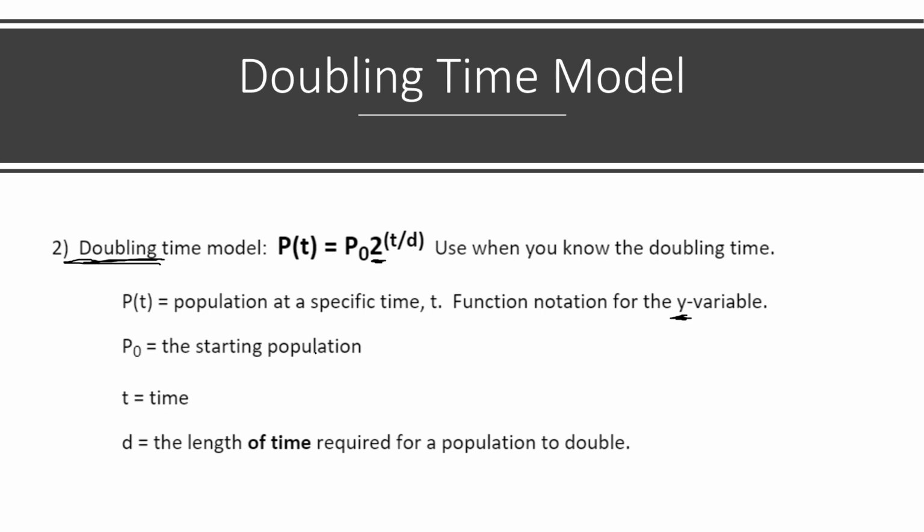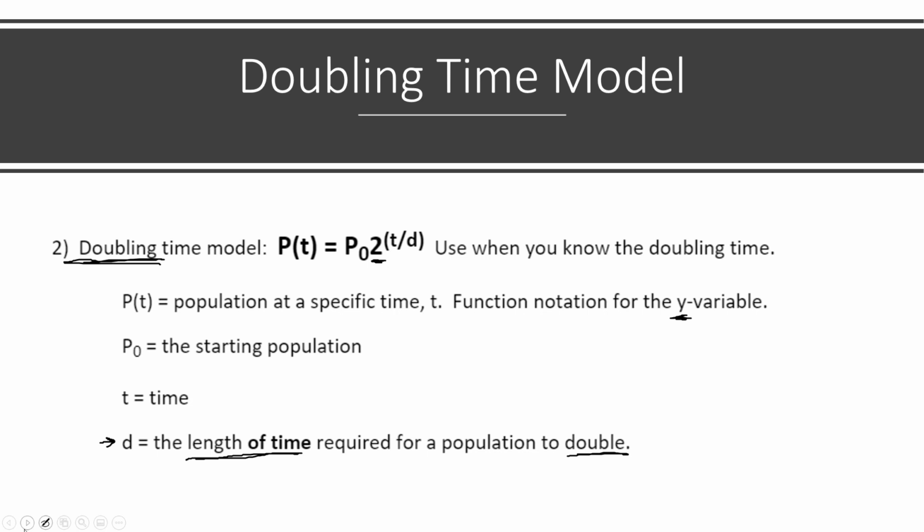P0 is the starting population, t is time. The new thing is d. D is also a length of time, and it is specifically the time to double. And so you can think of d for double and remember to put the doubling time in that position.